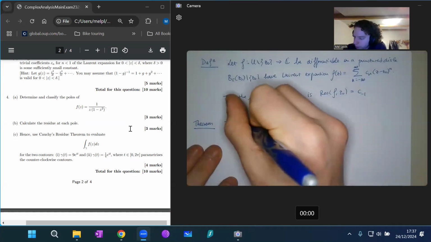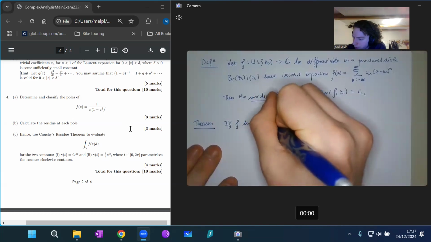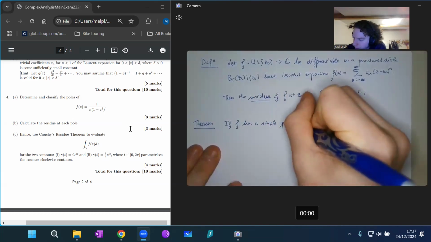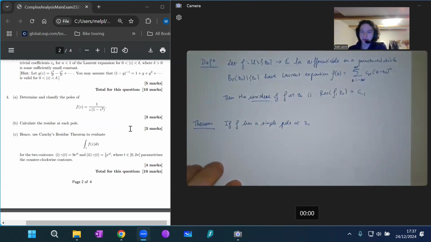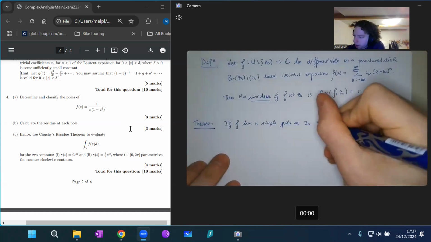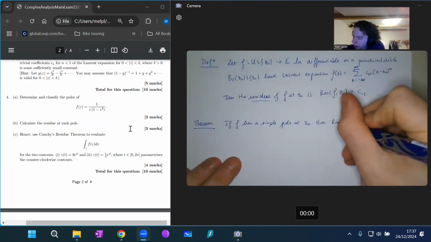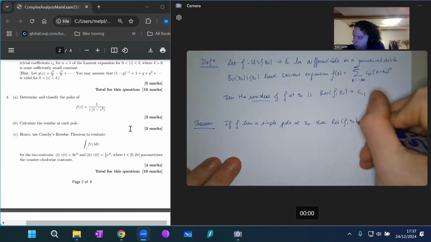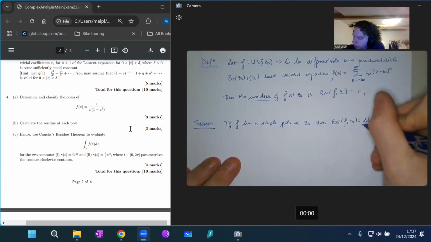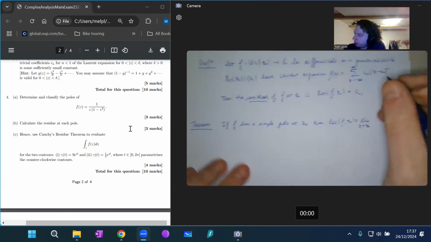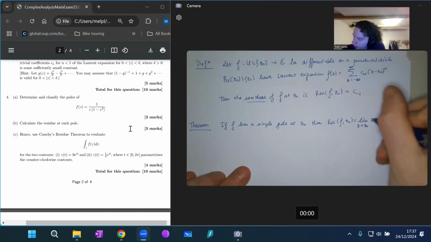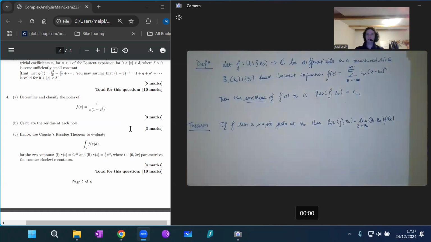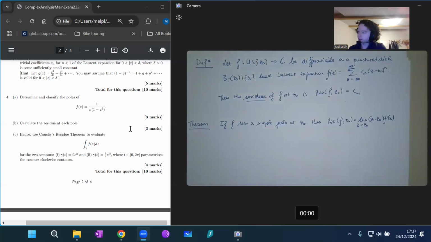If f has a simple pole at z naught, then the residue of f at z naught is equal to the limit as z tends to z naught of (z minus z naught) times f(z). Okay, but why is that? Let me give you a little proof.